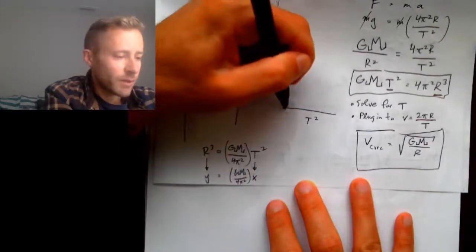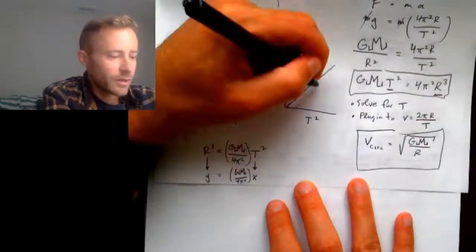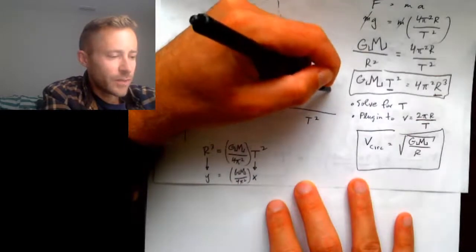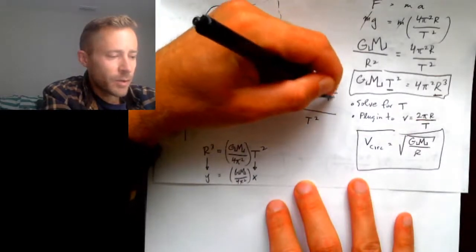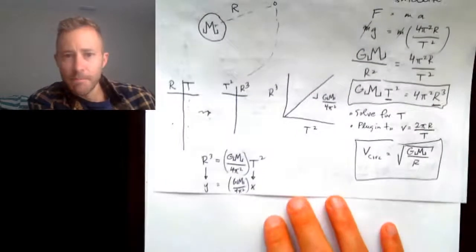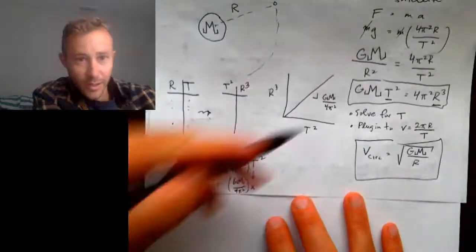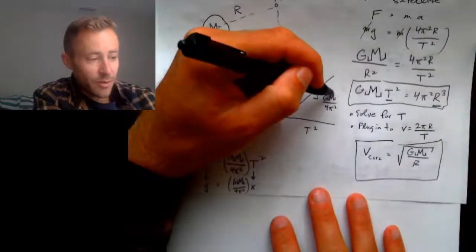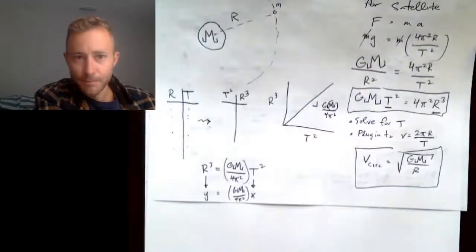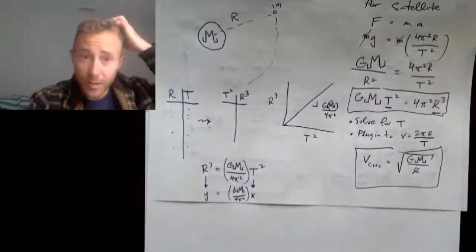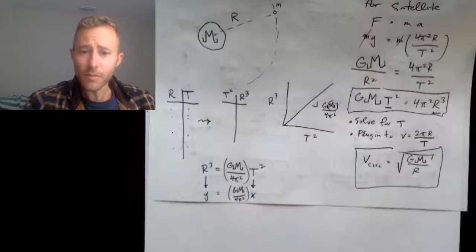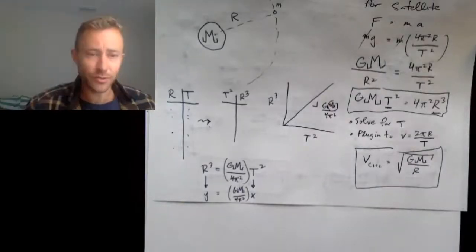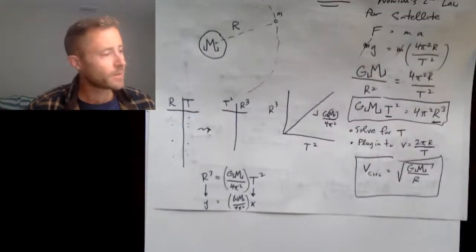So this graph will look like a straight line, and the slope is G M over 4 pi squared. Okay? And we could use that slope to calculate the mass of the central body. And that's actually how we know what the mass of Jupiter is, because we can't take Jupiter and set it on a scale. It's too big for that.